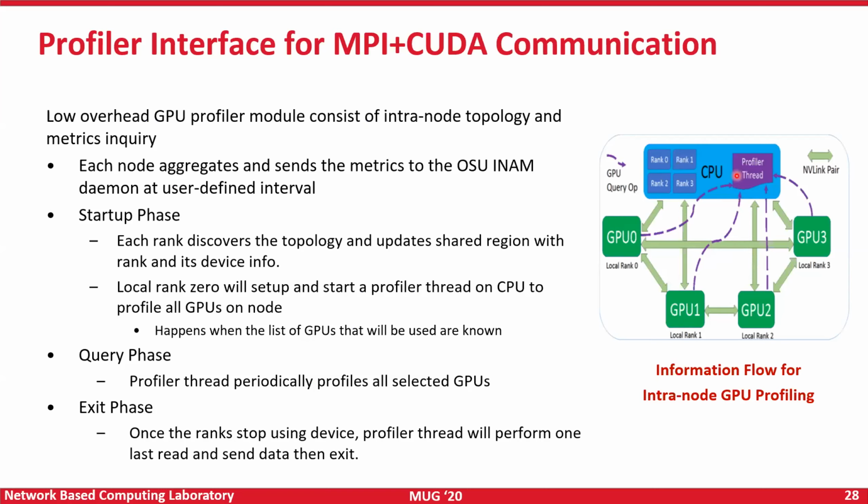Here we are trying to profile GPU to GPU, GPU to CPU, as well as GPU to remote GPU communication in INAM by using multiple profiler threads, which gather information from different GPUs and NVLinks and display it in a unified fashion for end users. This will be one of the features coming up in our next release of OSU INAM.